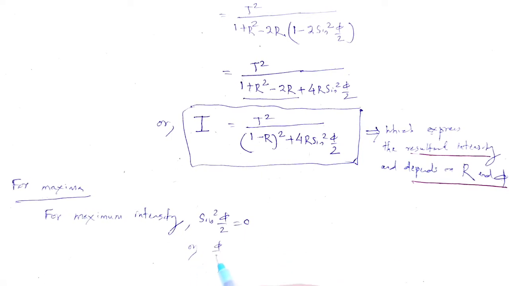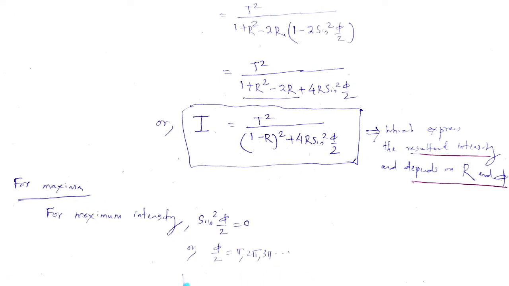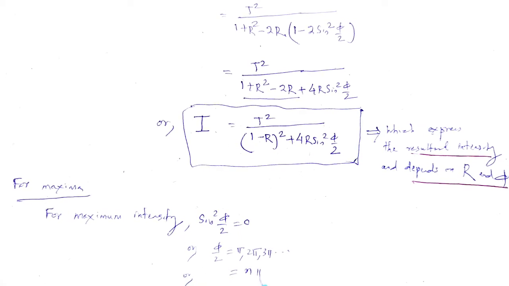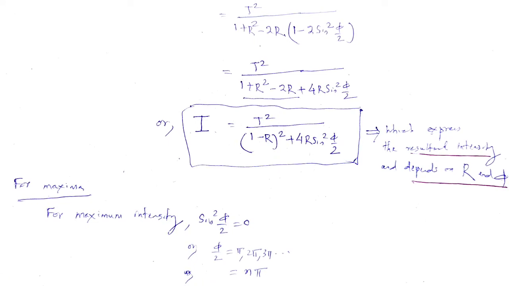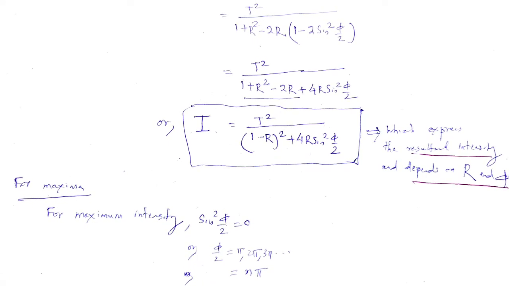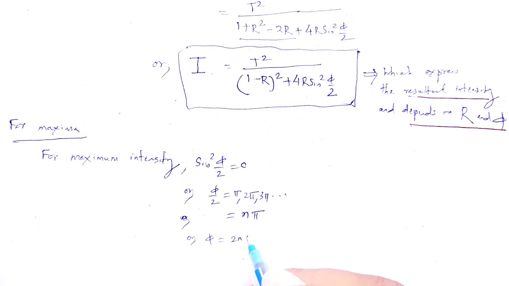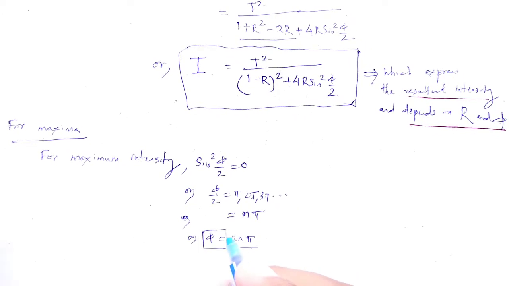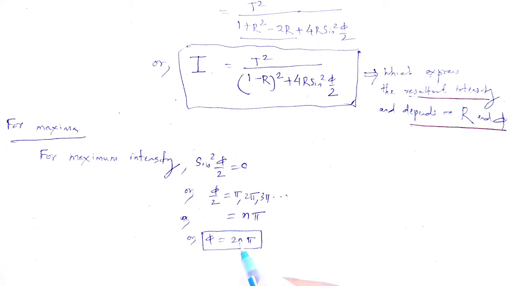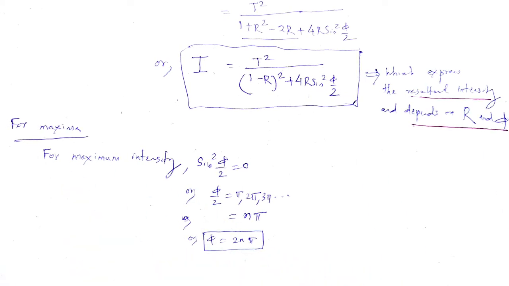Therefore, phi by 2 is equal to pi, 2 pi, 3 pi, like this, generally n pi. Therefore, phi is equal to 2n pi. When the phase difference is an integral multiple of 2 pi, we obtain maxima.